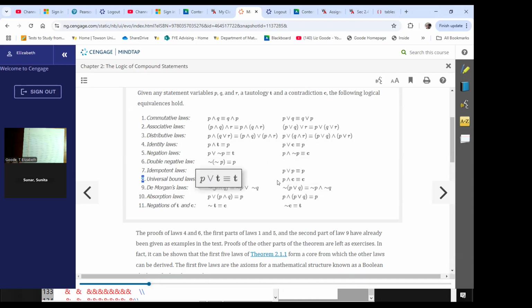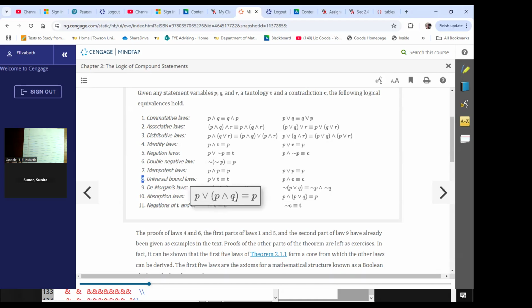And then there are the universal bound laws that say what happens if it's P or a tautology. Well, that's always a tautology. Or P anded with a contradiction, that's always a contradiction. Here are De Morgan's laws that tell us how the not distributes across the and, and also how the not distributes across the or. Here are the absorption laws.